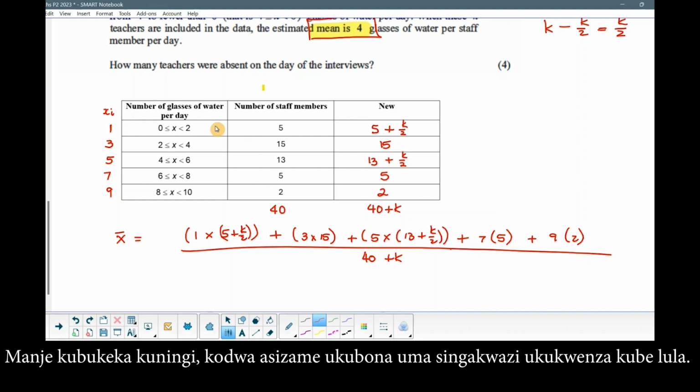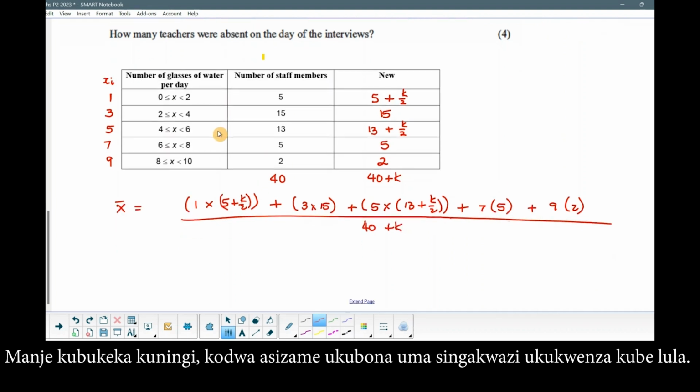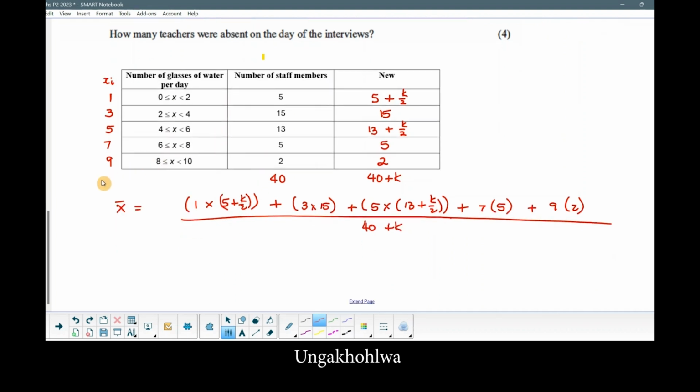Now it looks like a lot, but let's see if we can simplify that. Right, don't forget that all of this is equal to your x bar. What do I mean by x bar? It's equal to 4, because they told us that my mean was 4. So let's go.